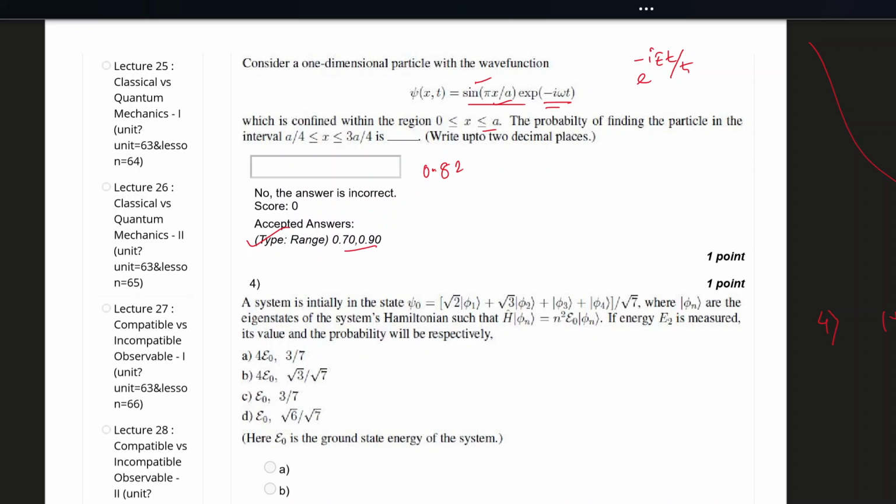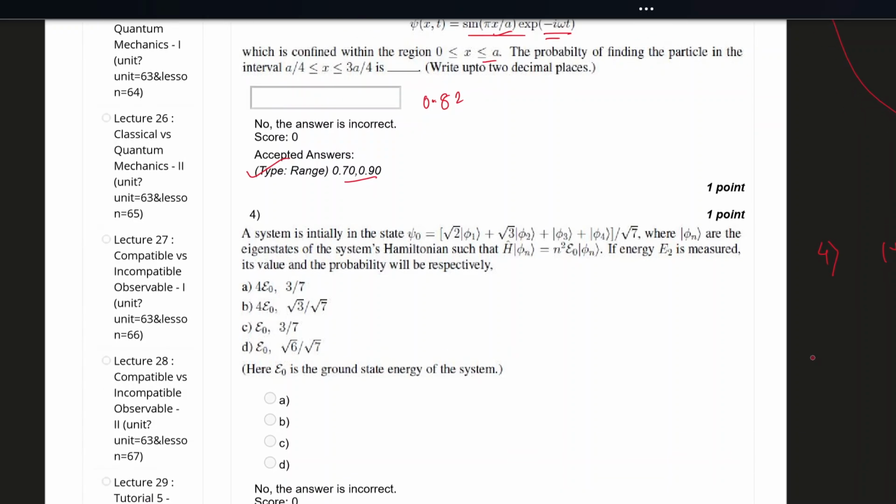So for E2, H cap acting on phi 2 is 2 squared epsilon naught phi 2, so this is 4 epsilon naught phi 2. But because this is the eigenvalue equation, this should be equal to E2 phi 2, where E2 is the eigenvalue corresponding to the eigenstate phi 2. That means E2 is equal to 4 epsilon naught, right?